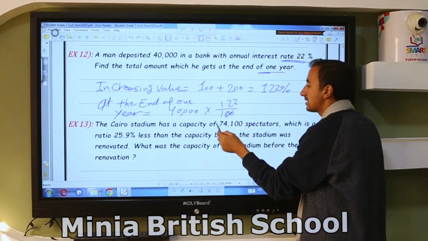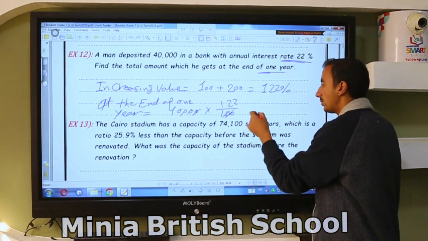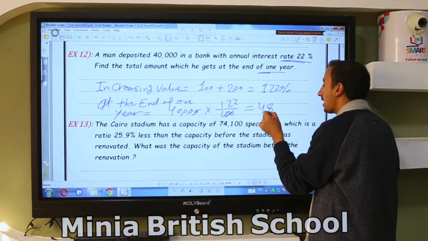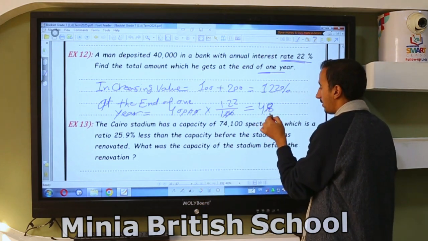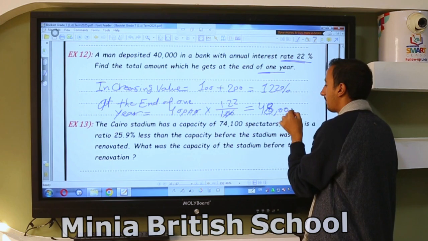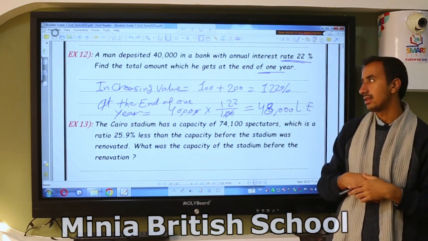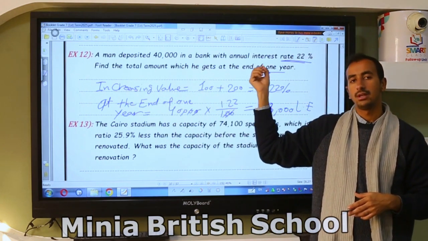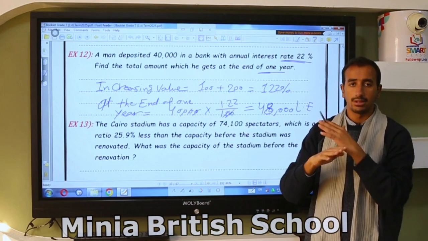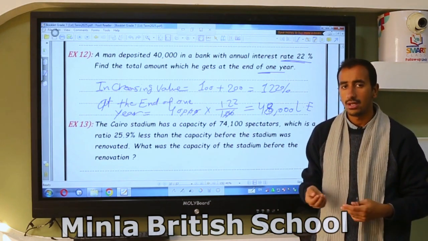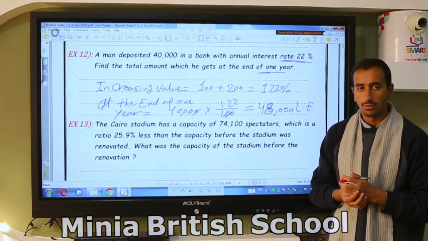So I can cancel 20 by 20. It means 400 times 122, which equals 48,800 LE. And another solution, you can find the original price, profit, price after 122, and make the multiplication cross. That's two ways you can answer, by any strategy, your favorite.